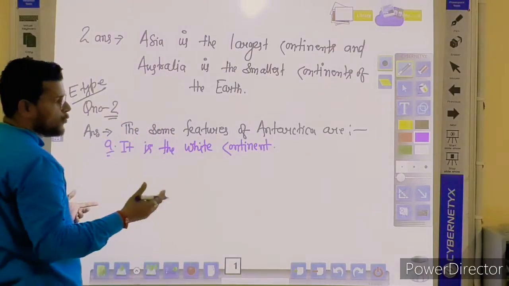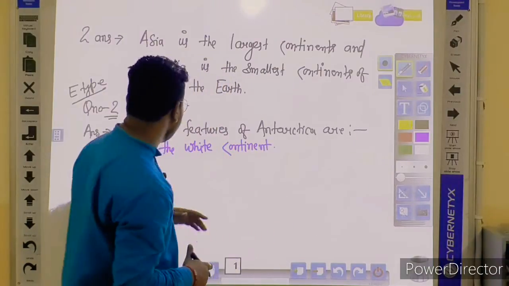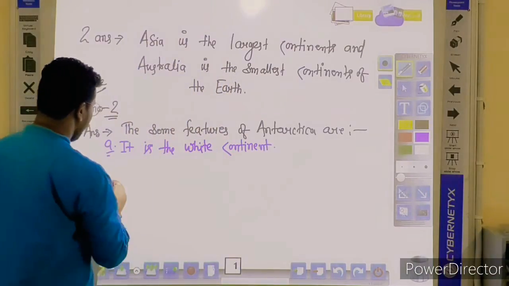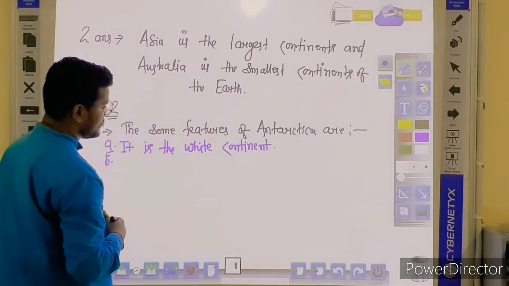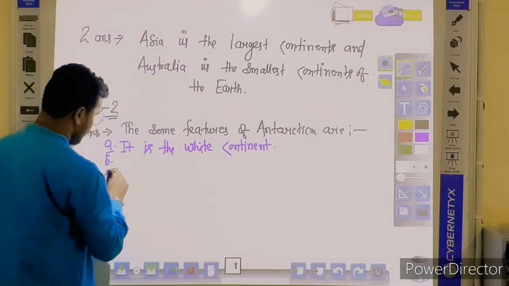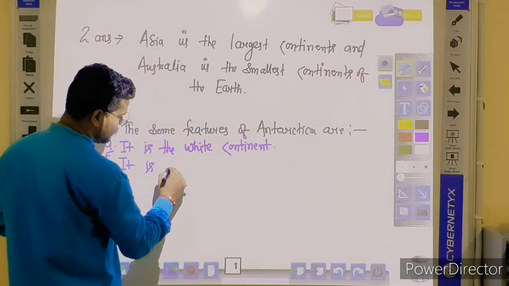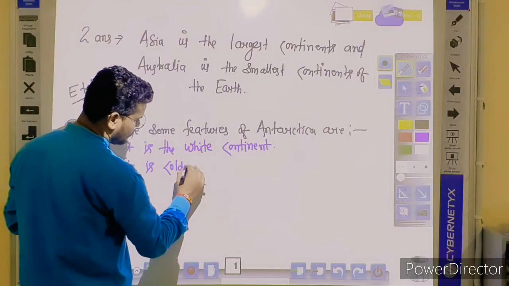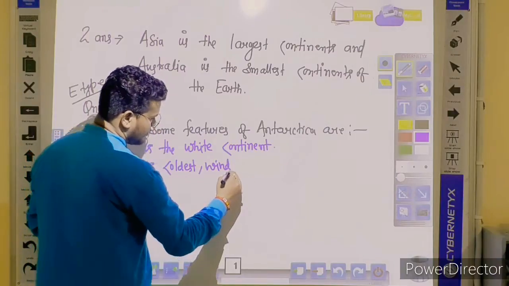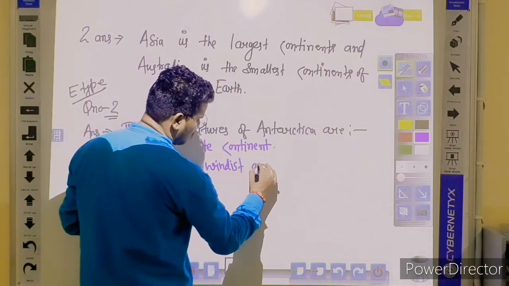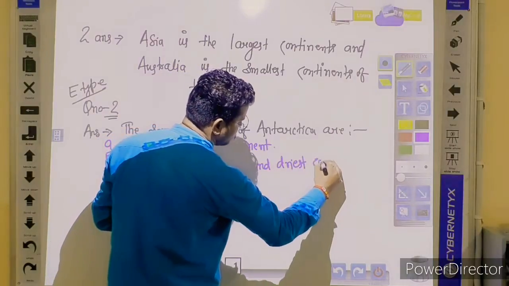It is the white continent because snow and ice are present here. B: it is the coldest, windiest and driest continent.